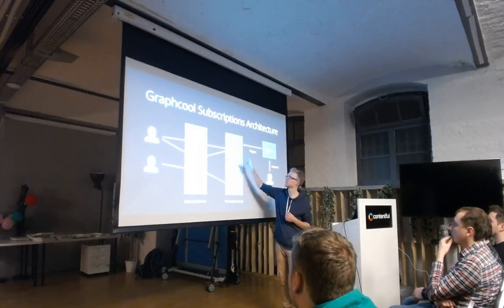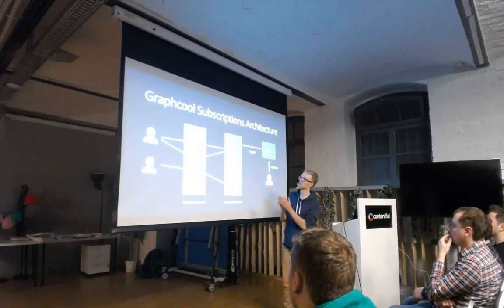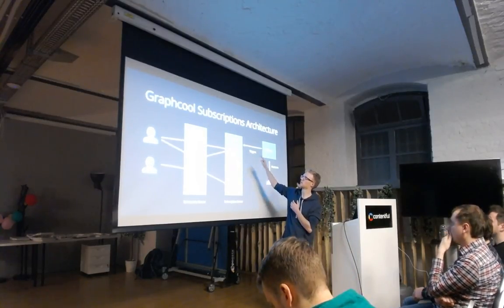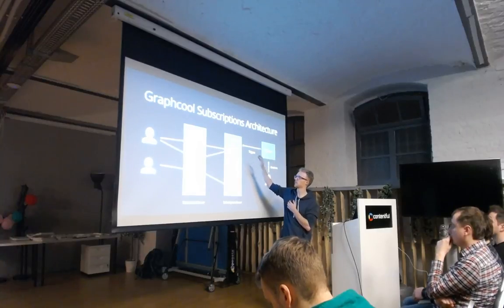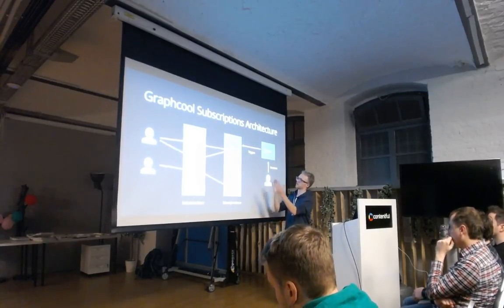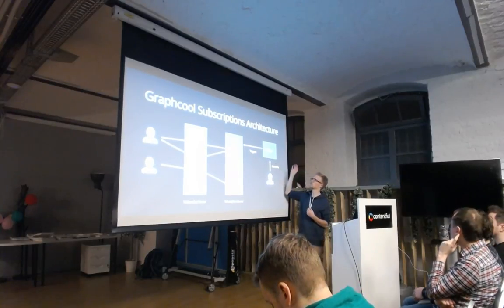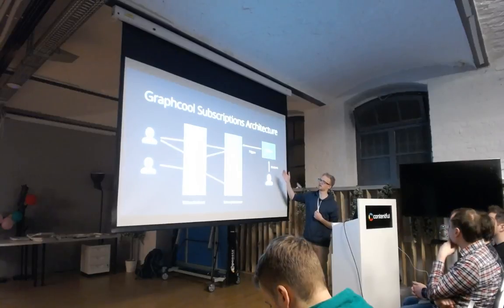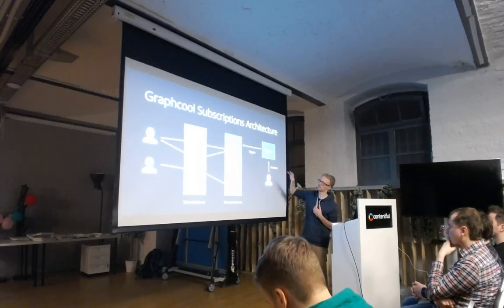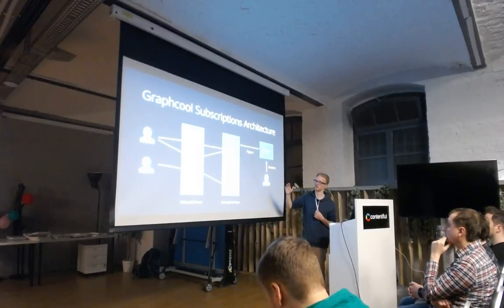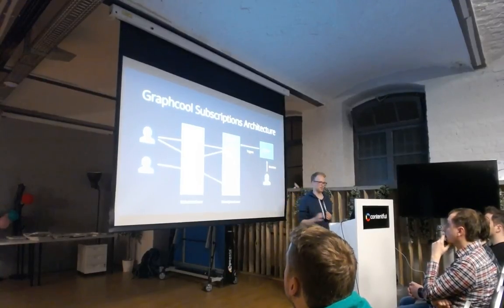In this case, the diagram doesn't really make sense, but you have several channels. A channel might be for a message, for a location, and so on. This is how the subscription server gets events triggered by the API server, and the subscription server then funnels them into the existing subscription connections.